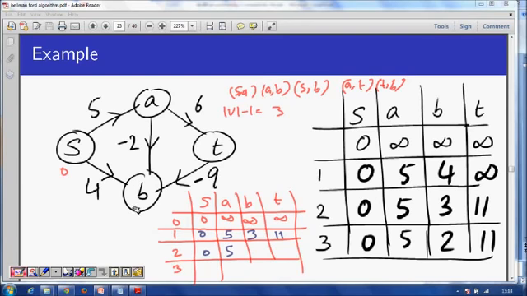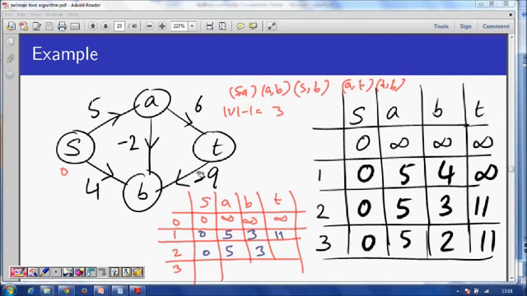In B, again A to B I go, so A is 5 and B is minus 2, so 3. This is the same here, so it will remain the same. S to B, if you go, it is 4 and it was already 3, so no update is needed. T was 11.